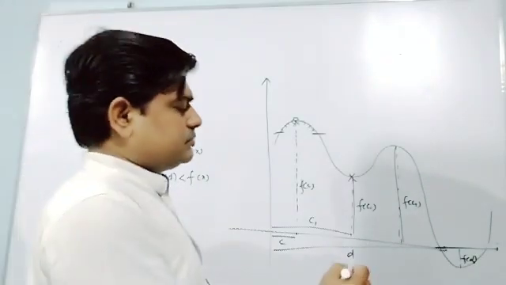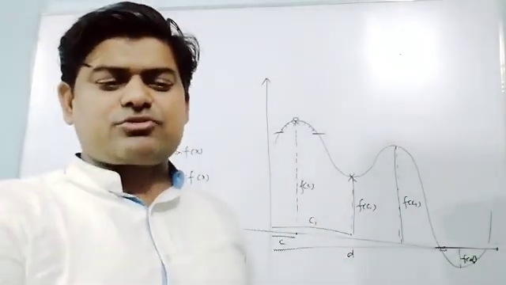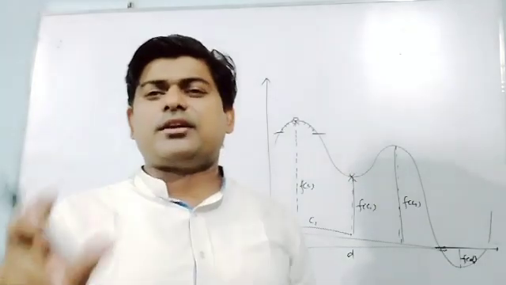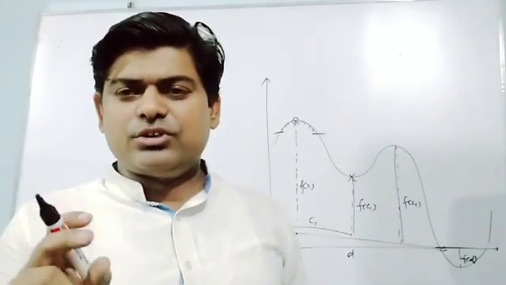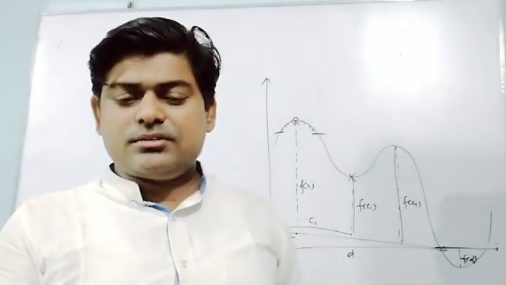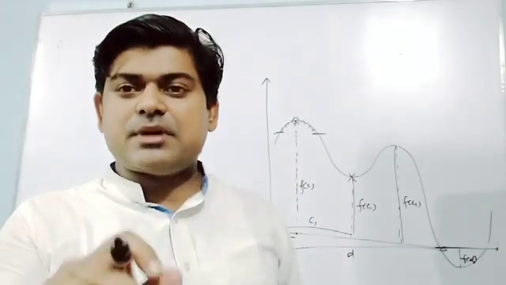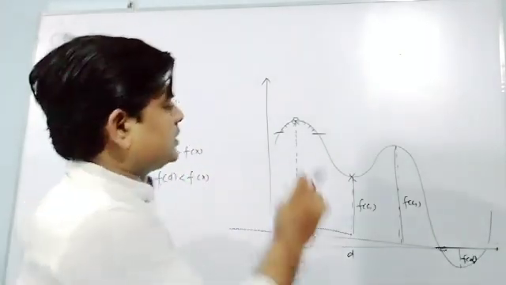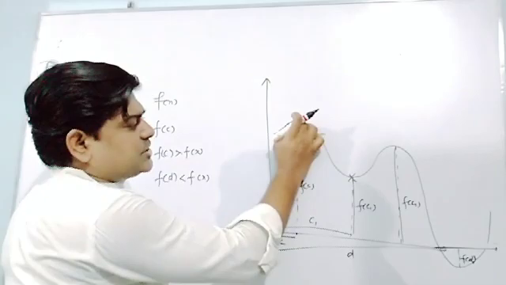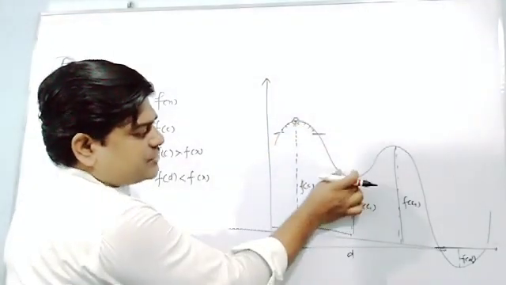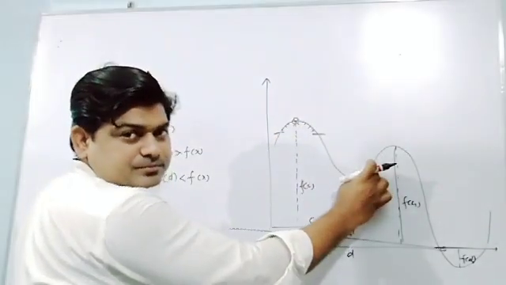Suppose I am taking, actually in your book it's taken, a small positive value delta, and the book has taken c minus delta, c plus delta. It means just less than c and more than c, less than c1, more than c1.